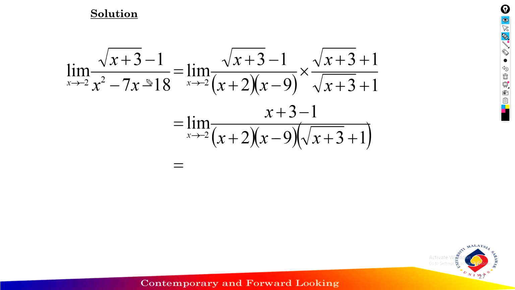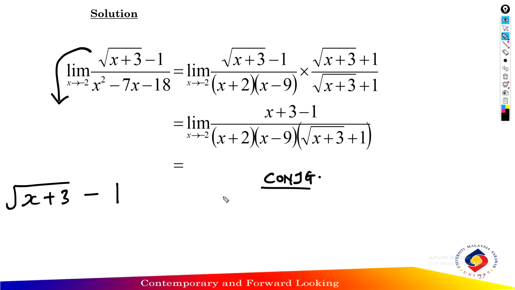First, you find the conjugate of the rational function, so the numerator is square root of (x plus 3) minus 1.